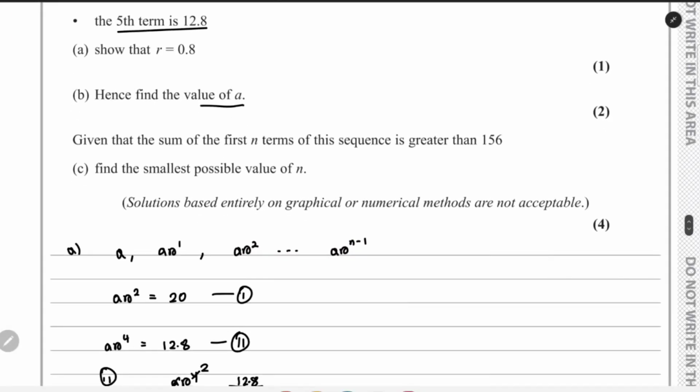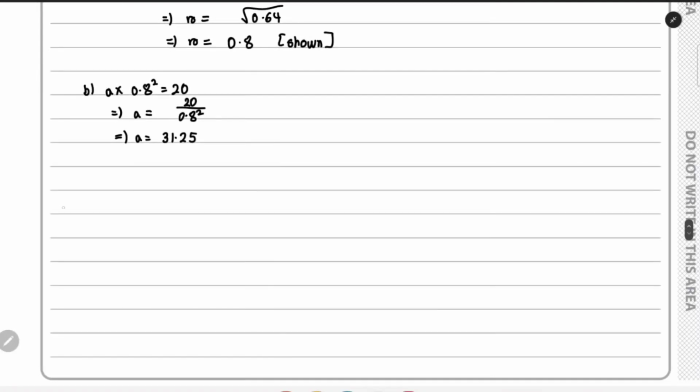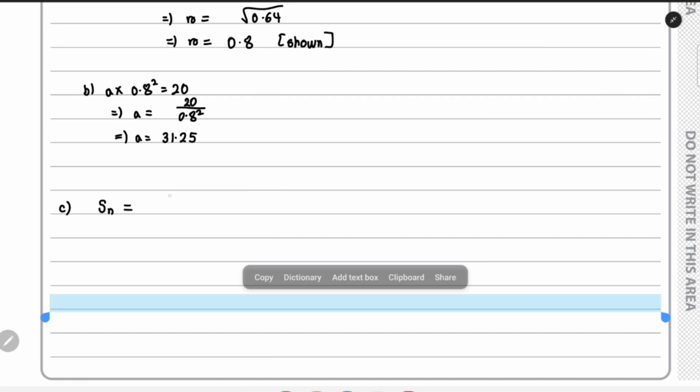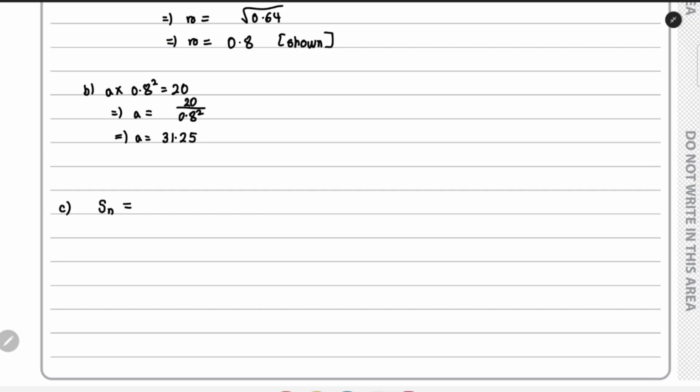Now in part C, we are given that the sum of the first n terms of this sequence is greater than 156. We have to find the smallest possible value of n. So S_n, the sum of the first n terms for a geometric sequence, is given by this formula over here: a(1 - r^n) divided by 1 - r.